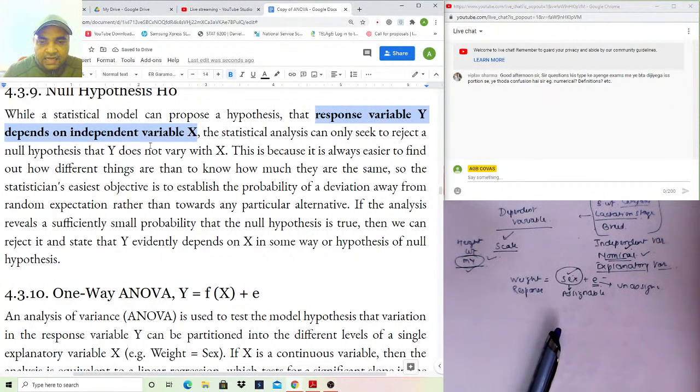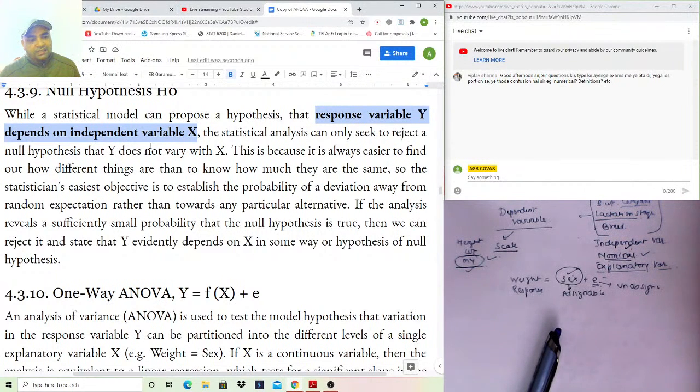The statistical analysis can only seek to reject a null hypothesis that y does not vary with x. This is because it is always easier to find out how different things are than to know how much they are the same. So the statistician's easiest objective is to establish the probability of a deviation away from the random expectation rather than towards any particular alternative.